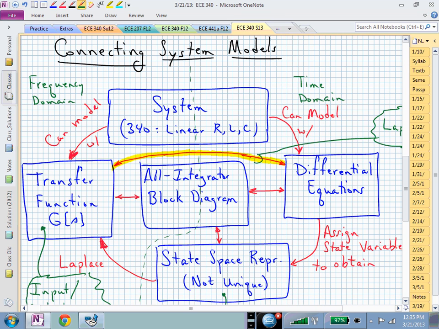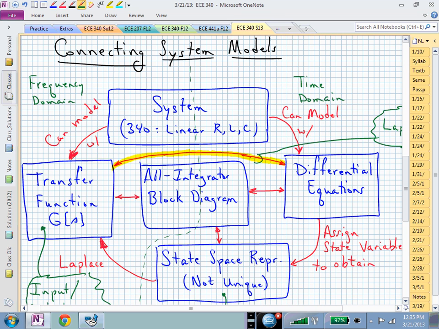And I've highlighted one. I didn't draw a line between the differential equations and the transfer function, and that line, you should be very comfortable going back and forth in that direction. And that's simply what's not on the screen. That's Laplace. That's just a Laplace transform away from each other.